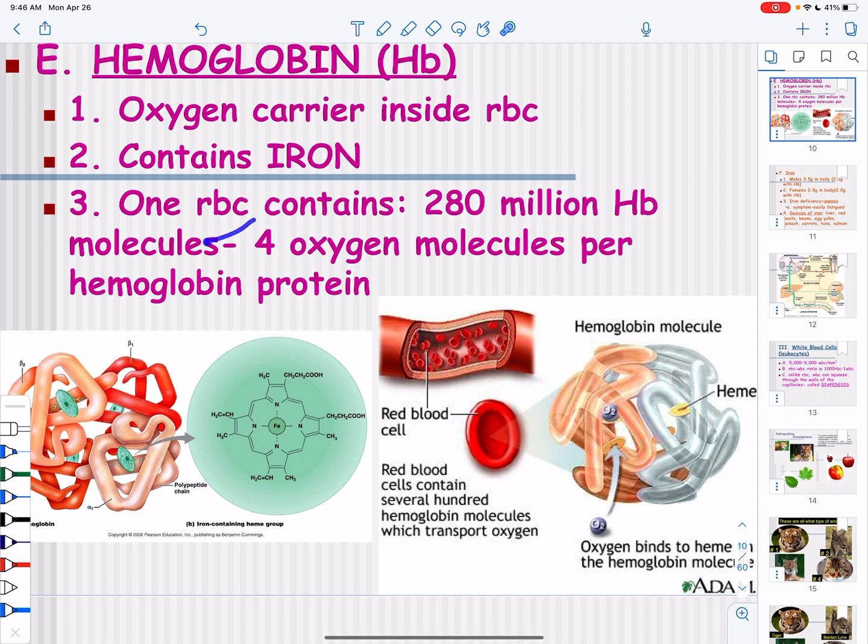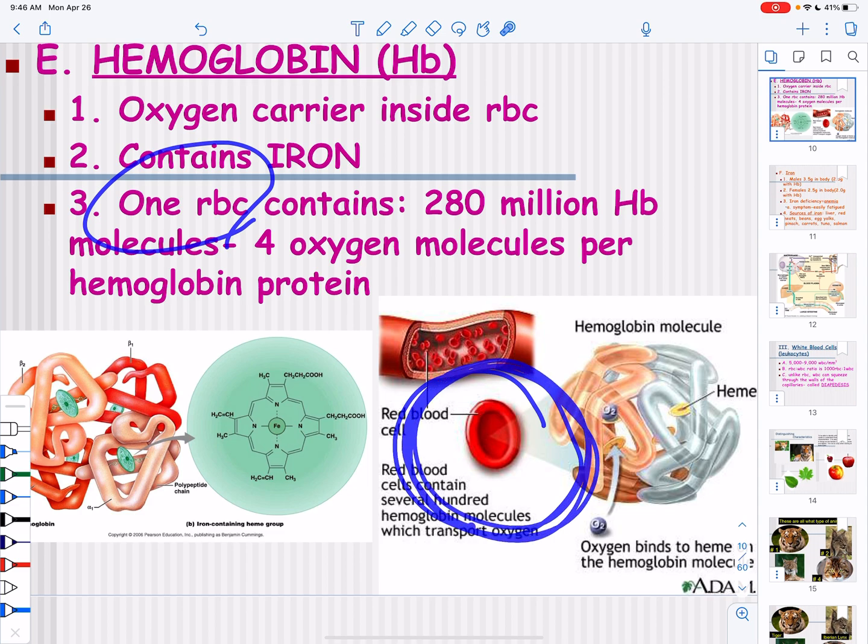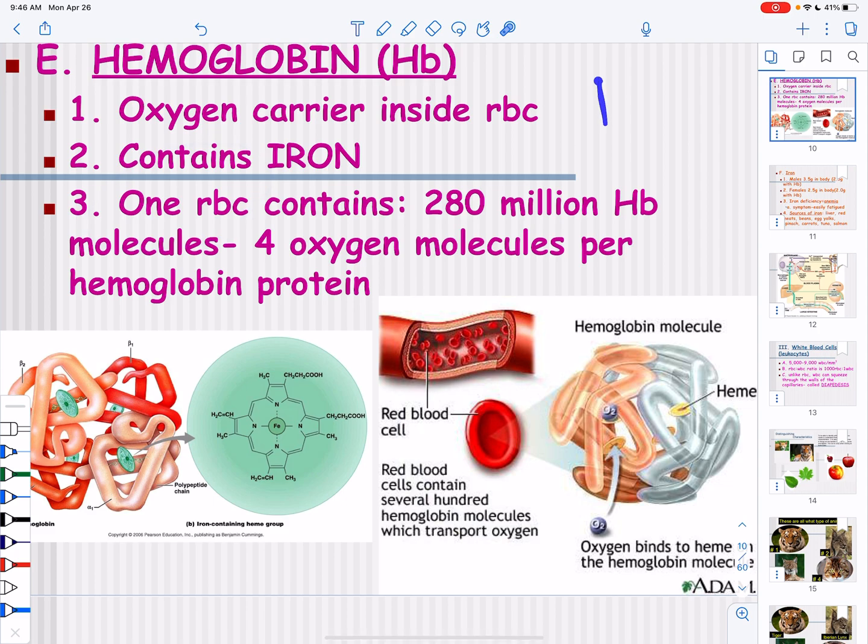Now, one red blood cell. Remember, you have about 5 million per cubic millimeter. Remember that little millimeter box. A little cube of your fingernail size is going to contain 280 million hemoglobin molecules, and each molecule can carry 4 oxygen molecules.